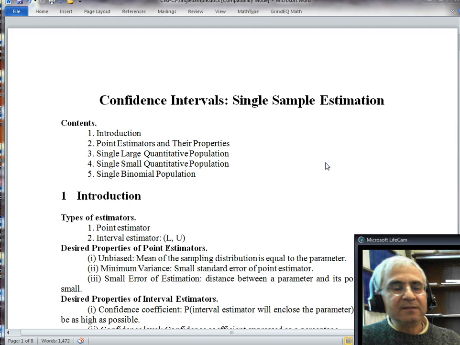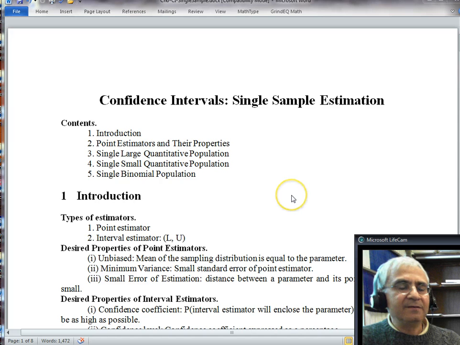So it's going to be fun, last two topics. We're going to start with topics we're going to cover in this chapter: introduction, point estimators and their properties, single large quantitative populations, single small quantitative population, and we'll talk about the binomial population.